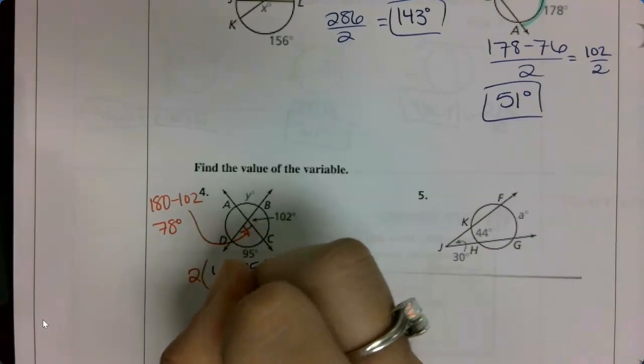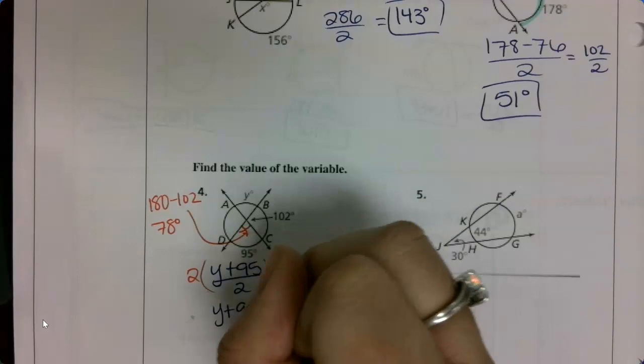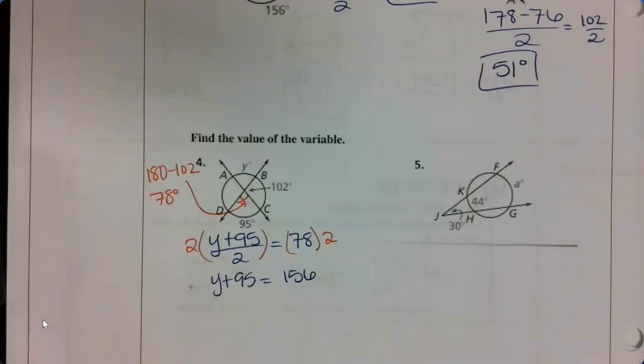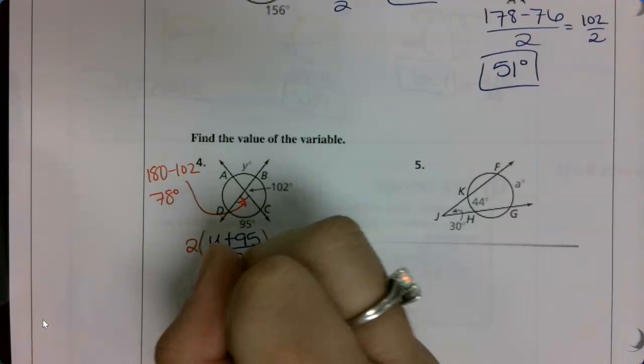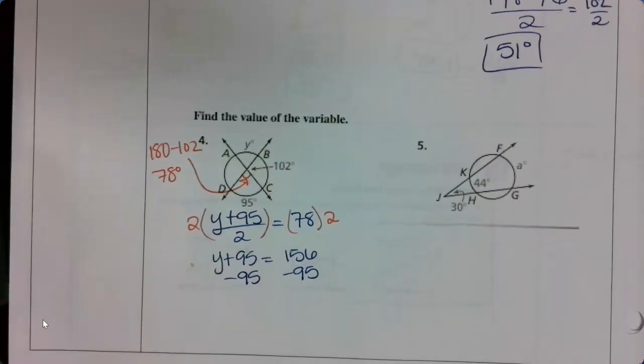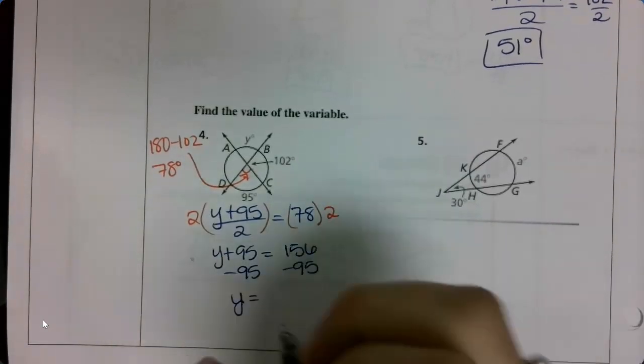So I have y plus 95 equals 2 times 78, which is 156. And then I subtract 95 on both sides. Which gets us 61.